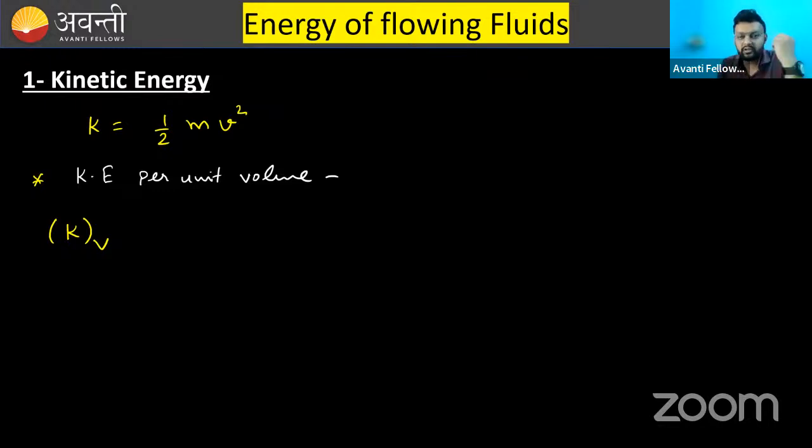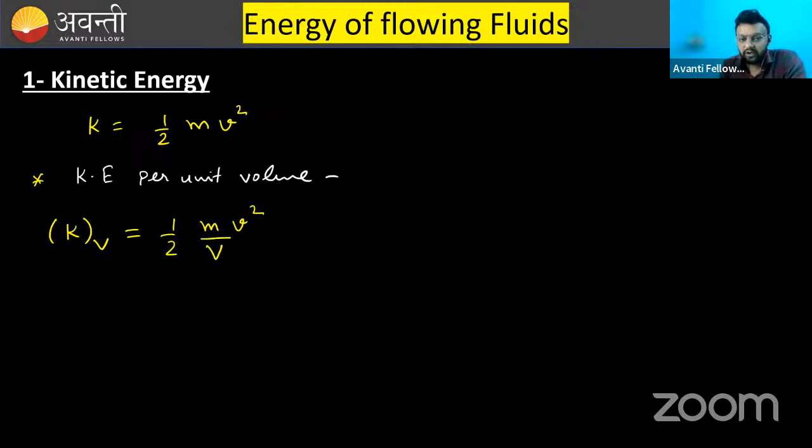You might have denoted it with some other term, whatever it may be, but the representation I am using is kinetic energy per unit volume. So this is nothing but dividing the kinetic energy by its volume. So it will become half m v square divided by the volume.